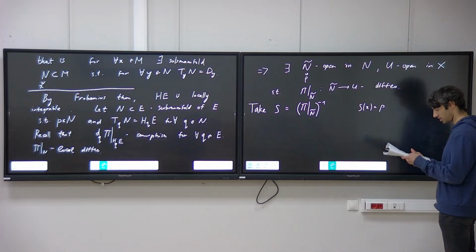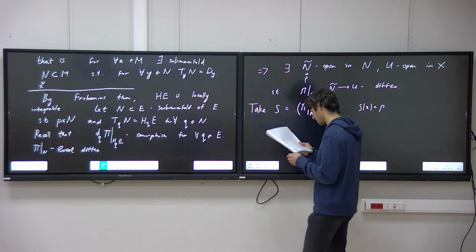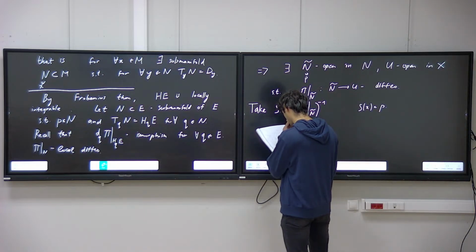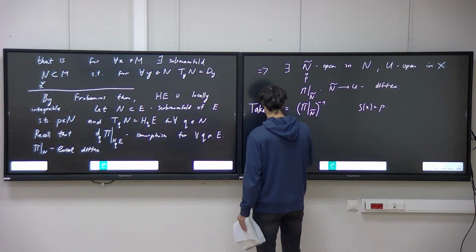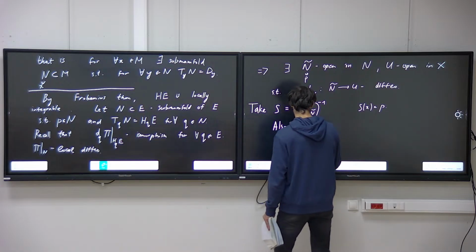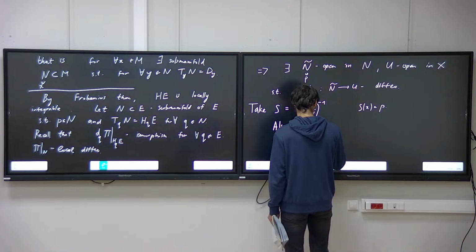Also, we need to check that this is a flat section. So also, nabla of S is 0.